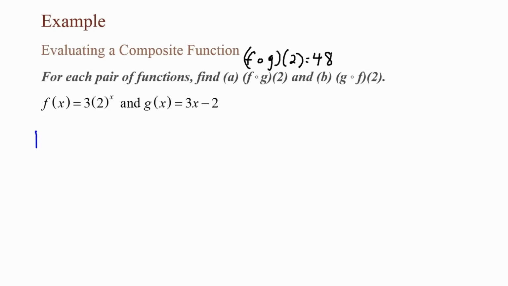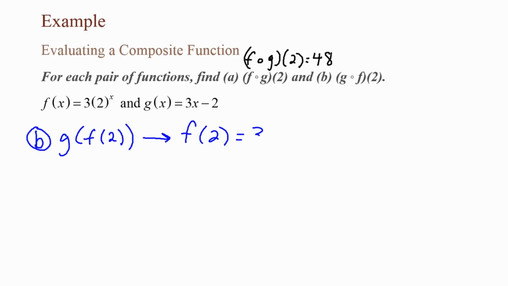Now for part B, we want to find g of f of 2. f of 2 is going to equal 3 times 2 squared. 2 squared is 4. 3 times 4 is 12.